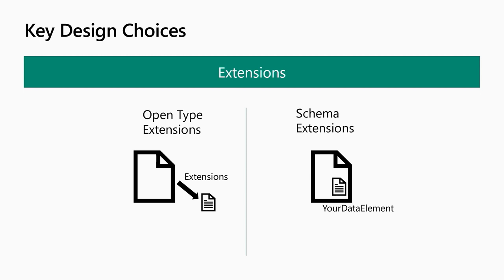And I want to touch on the notion of extensions, open types and open schemas, because there's actually two distinct ways of creating extensions within the graph. What Jason showed were open type extensions, which are simpler to start using, and the way you get at them is using a navigation property, an OData navigation property, of the entity that you are extending.